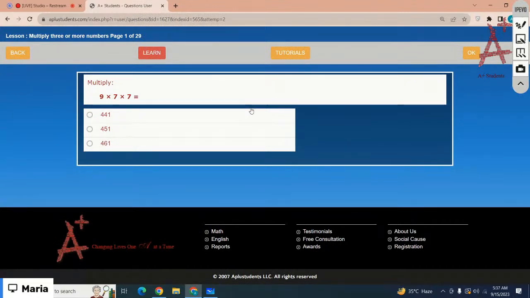Just make a group of two numbers, like do 9 times 7 first. 9 times 7 is 63. Then you have to do 63 times 7. So which is the correct option?